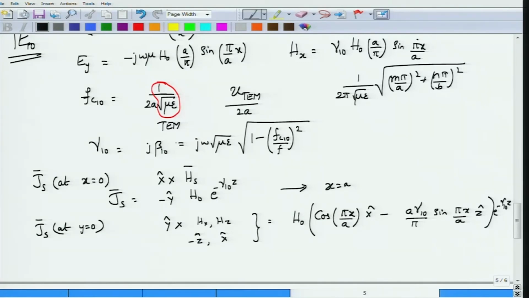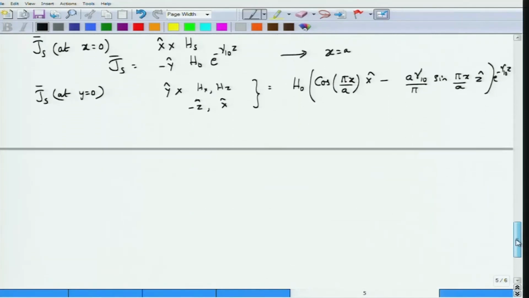So for the x equal to 0 wall, there is only one component of the surface current, whereas for y equal to 0 you have additional components for the current. You can also sketch the TE10 mode or TE11 mode. We will not do those sketches, you can find them in your textbook.